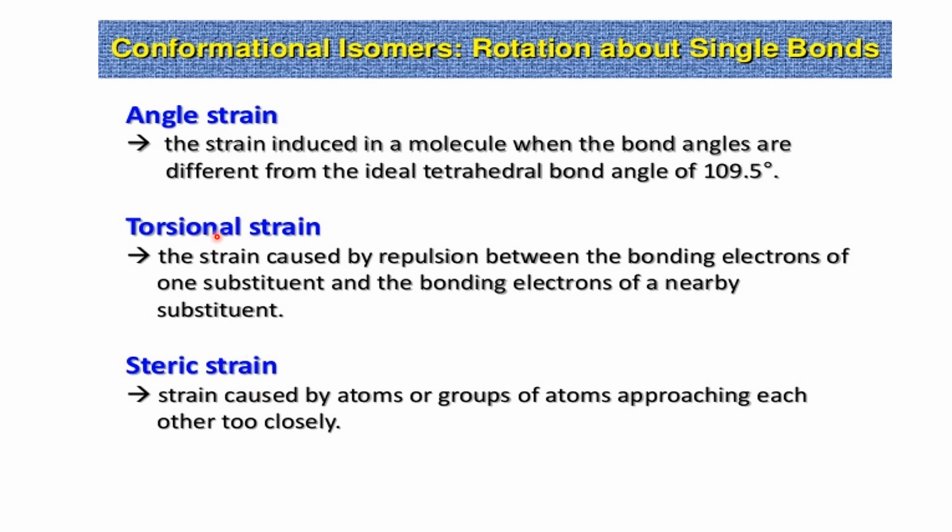The torsional strain and steric strain are minimum in the case of staggered conformation and maximum in the case of eclipsed conformation. That is why the staggered conformation is highly stable compared to the eclipsed conformation.